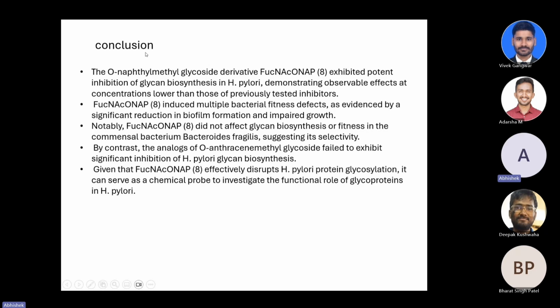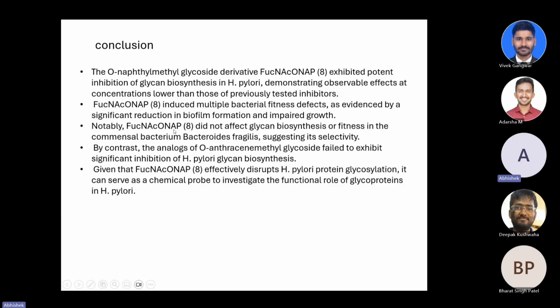In conclusion of this paper, the O-Naphthylmethyl glycoside derivatives, this FUC NAC O-Naphthyl, exhibit a potent inhibition of glycan biosynthesis in H. pylori, demonstrating observable effect at the concentration lower than those of the previous tested inhibitors. FUC NAC O-Naphthyl induce multiple bacterial fitness defects as evidenced by a significant reduction in biofilm formation and impaired growth.